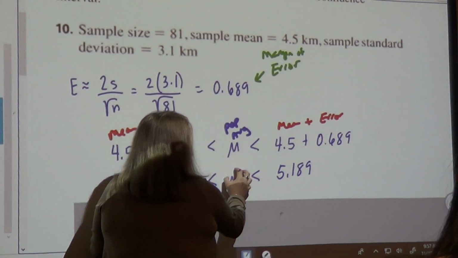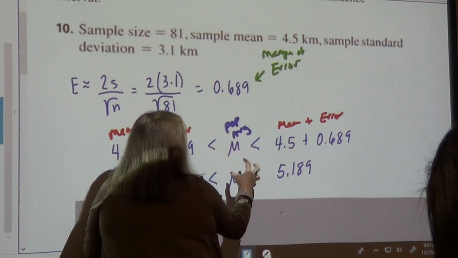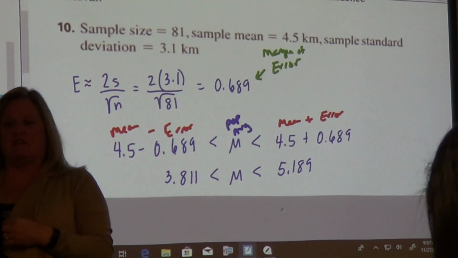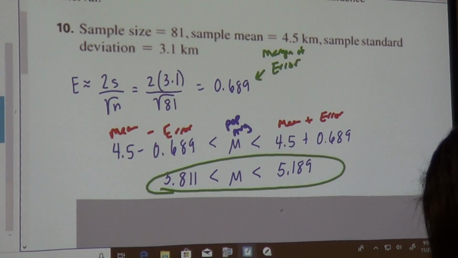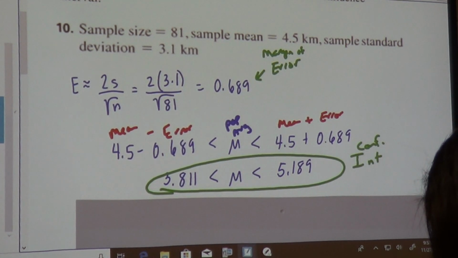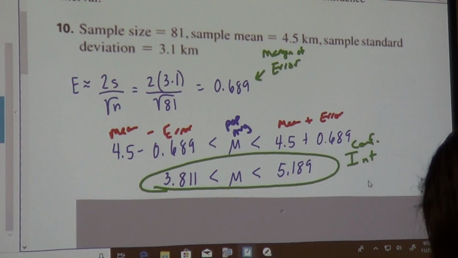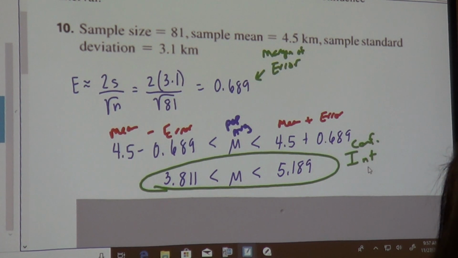So if my sample average is this, then my population average is going to be between that and that. So that is my confidence interval. Mean plus the error, mean minus the error.